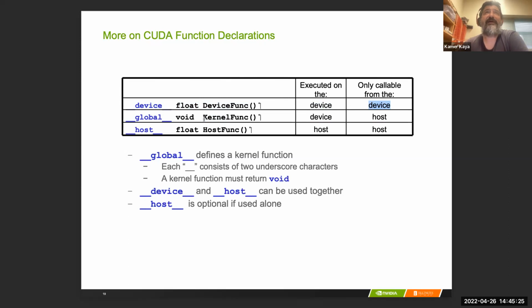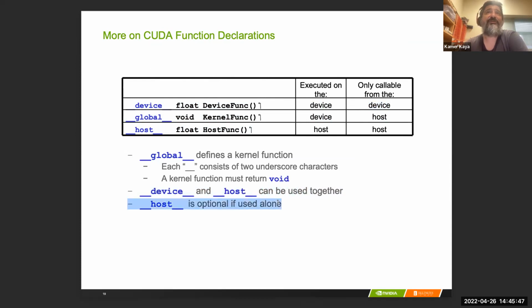So you may guess, why can't I do both of them? Okay, so you can have a function which is callable from the host and executed on the host, or a function which is callable on the device and executed on the device. So you can use __device__ and __host__ together.